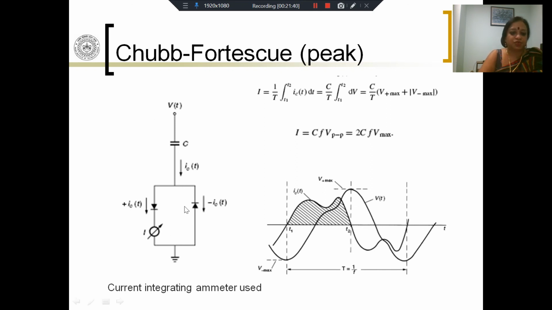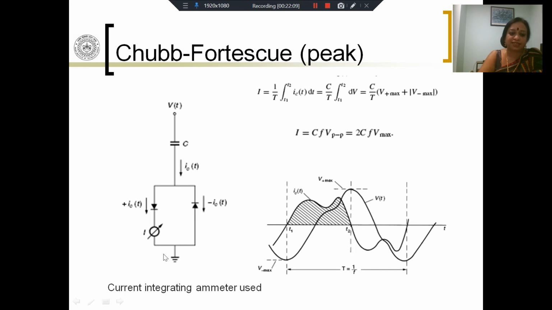In this case, you have a standard capacitor connected across the voltage supply, and the current flowing through the capacitor, IC, is branched into two branches by two diodes. This one is forward biased and this one is reverse biased, and therefore you have plus IC flowing in this direction and again minus IC in this direction in two different half cycles.